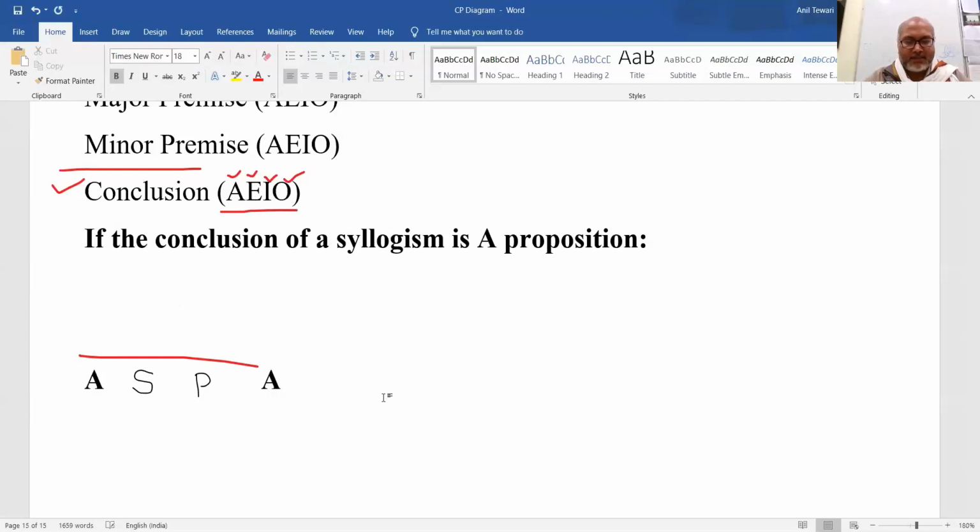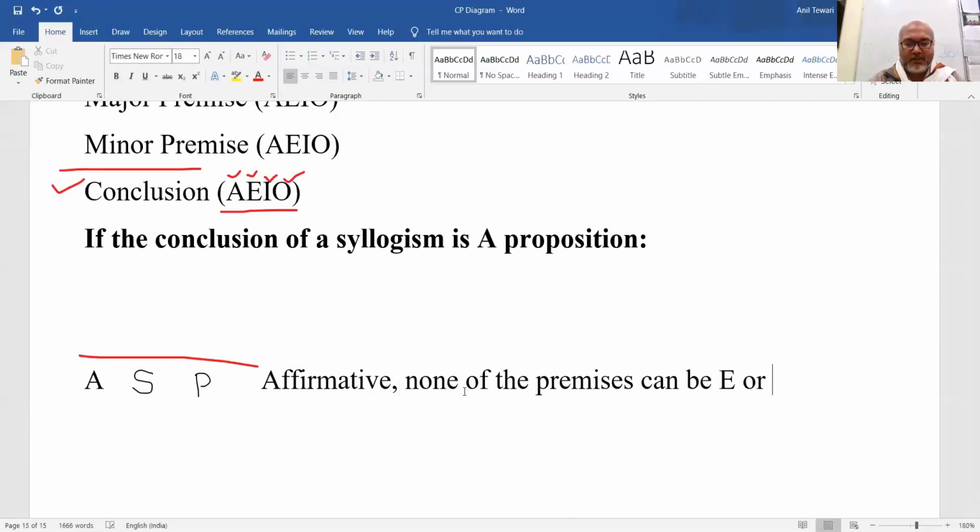A is affirmative. Number 1. The conclusion is affirmative. इसका मतलब क्या हुआ? The moment you discover that your conclusion is affirmative, A is affirmative proposition, which means none of the premises can be negative, E or O.